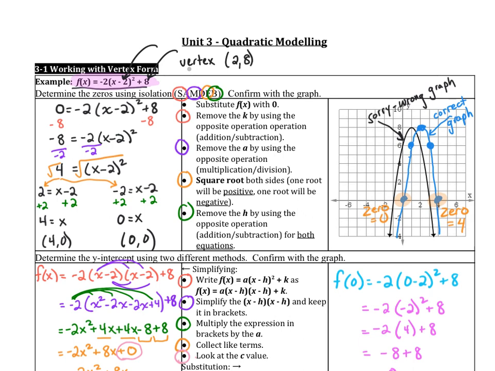Remember that the number inside the bracket is the opposite sign to what it looks like. So the h value is positive 2, the k value is 8, so that's the vertex. Then when it's in vertex form, you need to be able to figure out the zeros, which you do using SAMDEB. And lastly, you have to know how to find the y-intercept, and you've got two options: expand and look for the constant, or just substitute 0 in for x.